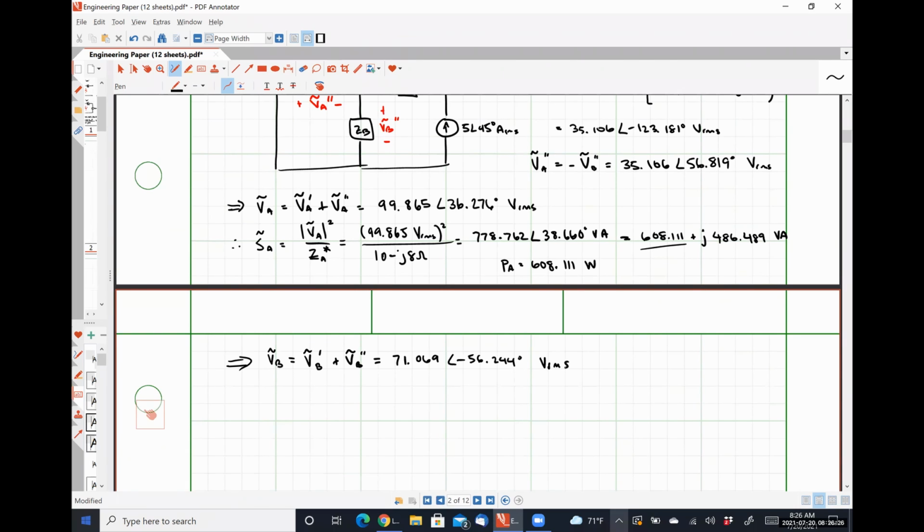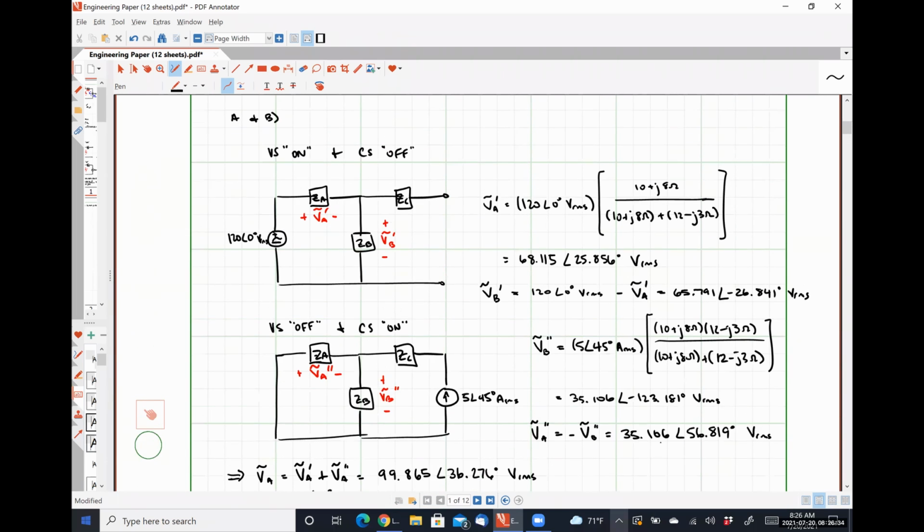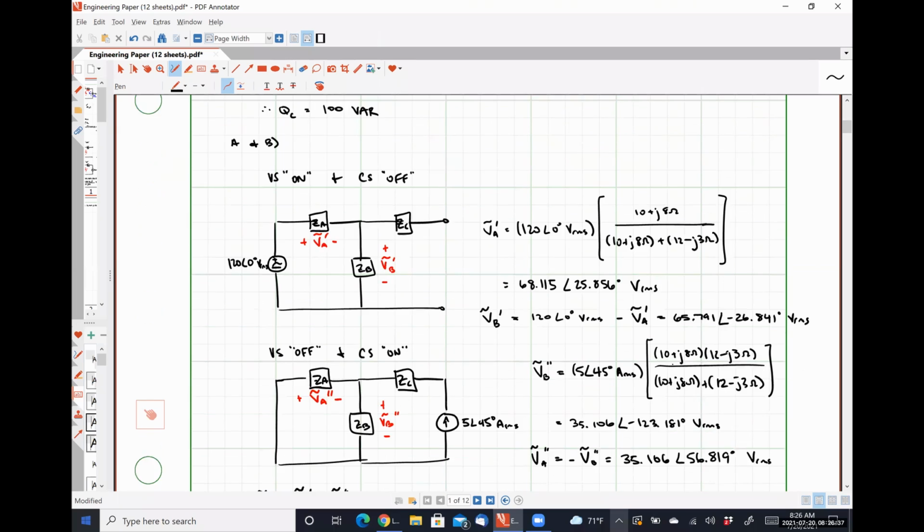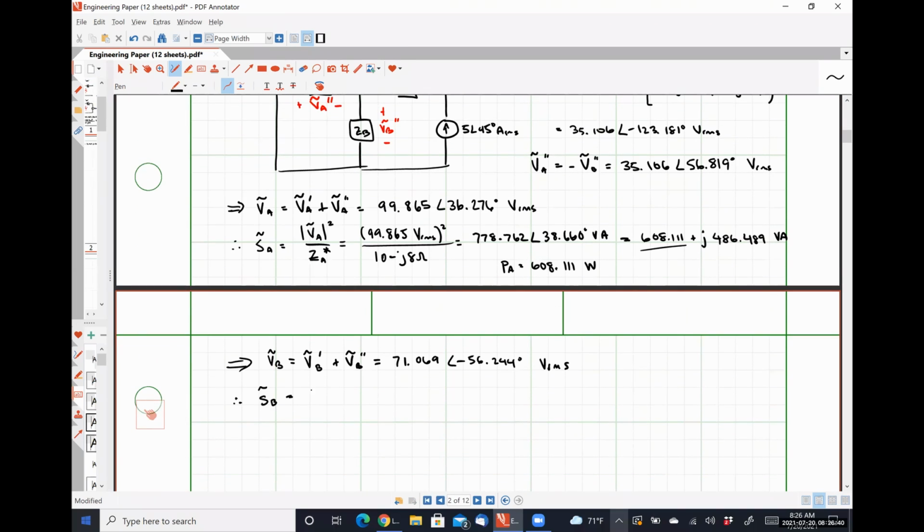It's RMS. And then obviously the complex power absorbed by element B. Let's see, what are we trying to find here? The apparent power. All right. So that's still just going to be the magnitude of VB squared over ZB conjugate, or 71.069 volts RMS quantity squared over, now we'd have 12 plus j3 ohms.